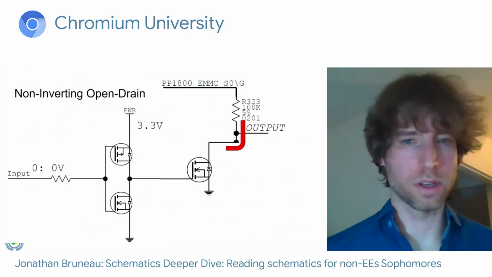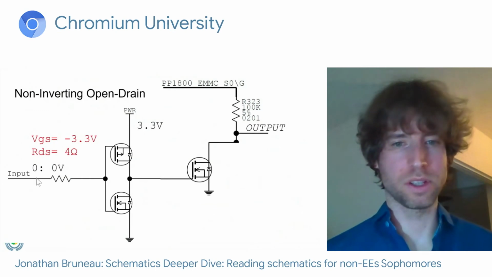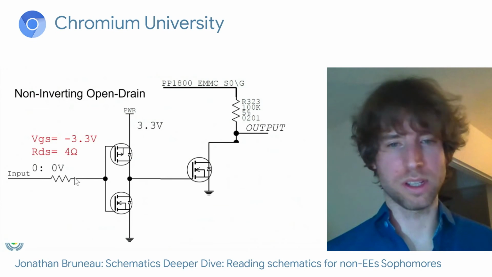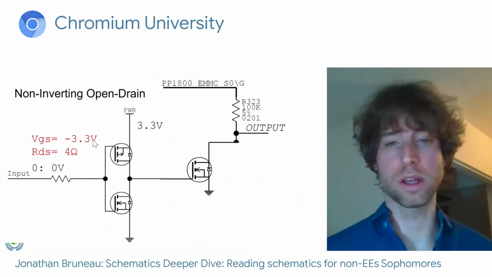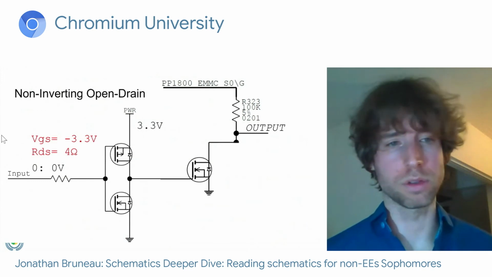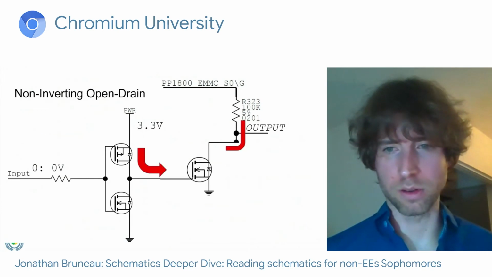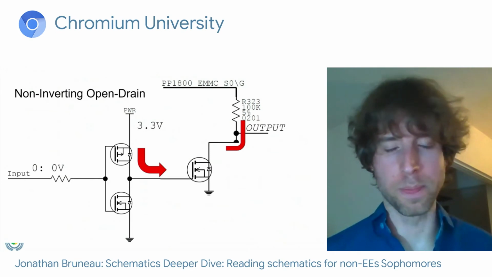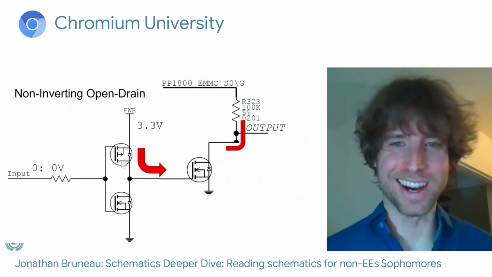We have 3.3 volts here and 0 volts here. So our gate to source is 0 minus 3.3 or negative 3.3. So we'll call the RDS on 4 ohms. This turns on the transistor. Okay, anyways, ignore this red line here for now.